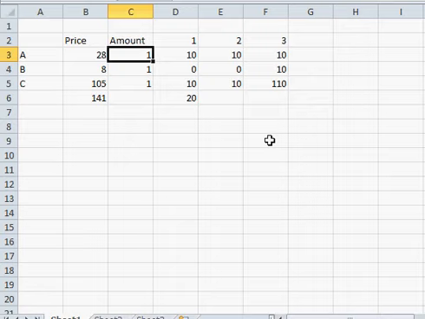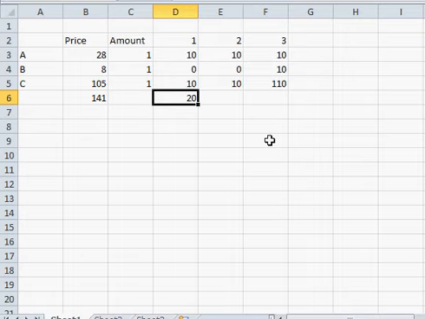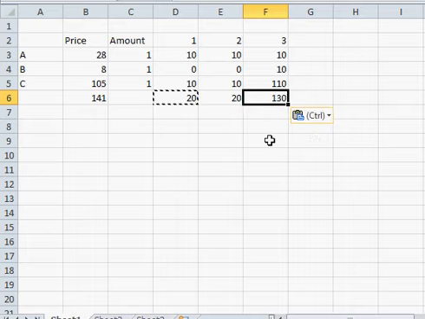So if I buy one of A, one of B, and one of C, I'll end up with $20 worth of cash flow in year 1, 20 in year 2, and 130 in year 3.